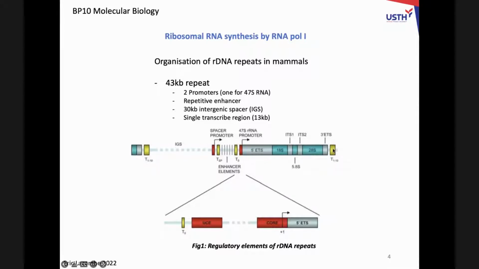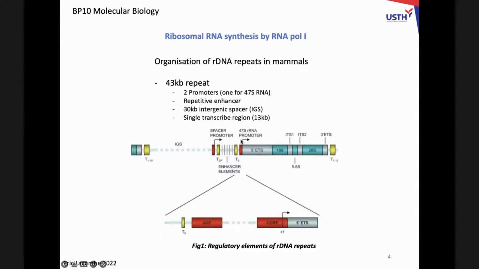This bit is this famous 43 kb repeat, and you can imagine that there are plenty of copies of this fragment close together, and they can produce the 28S, 18S, and 5.8S. What is striking is that in this region, you see the red boxes here with the little black arrow there.